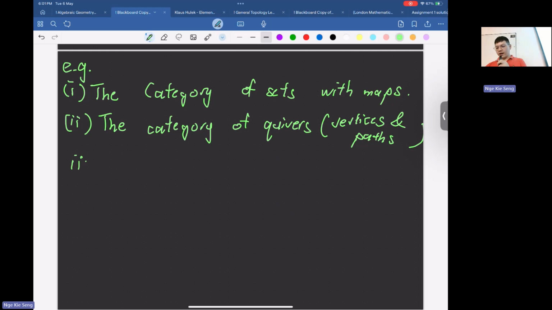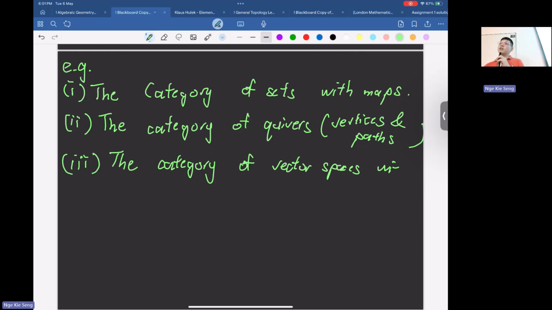And then in first year, very hated one, the category of vector spaces. What are the maps here you consider? Maps between vector spaces, these are the linear transformations. The morphism set you can consider as linear transformations. You've got the identity matrix, right? Associativity, right? You compose your matrices. And then you go to second year.